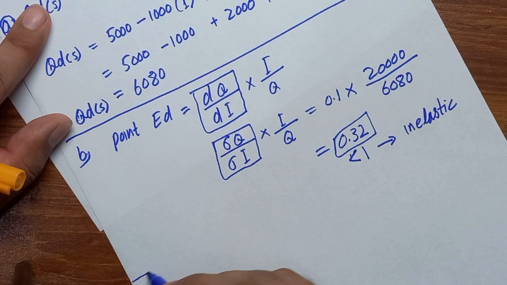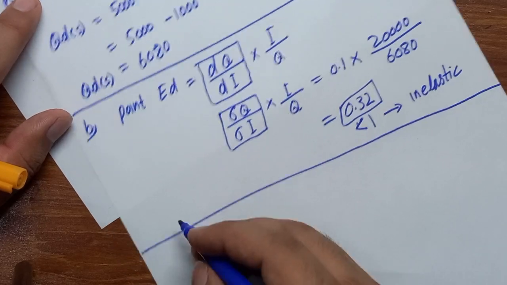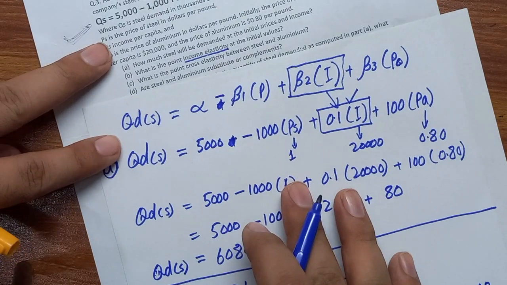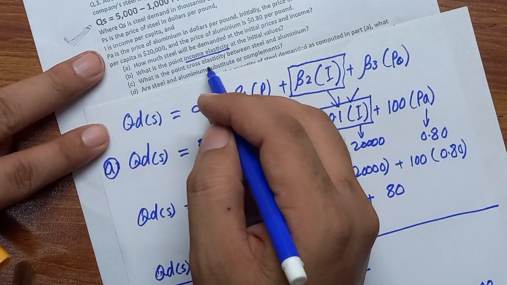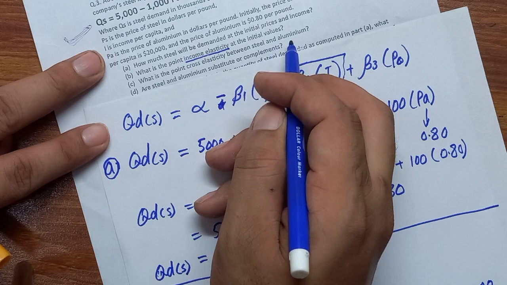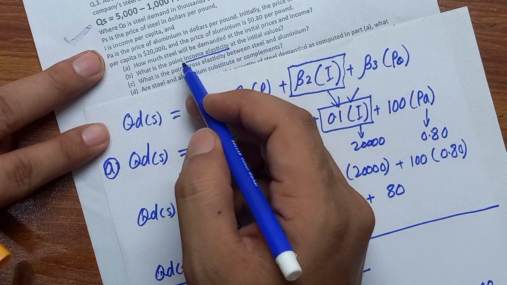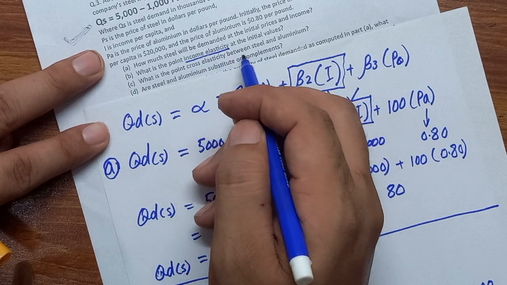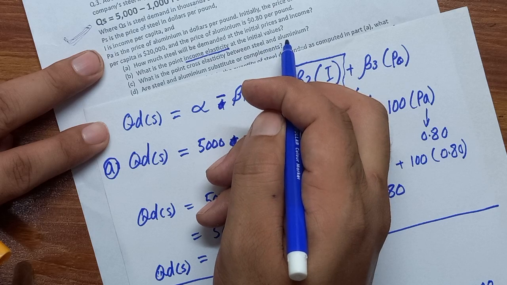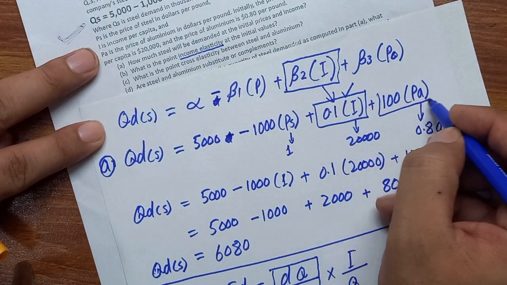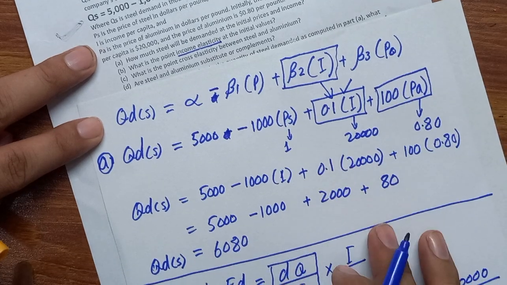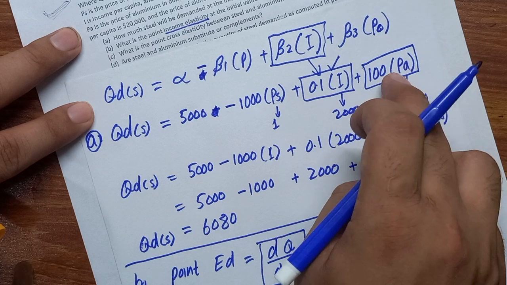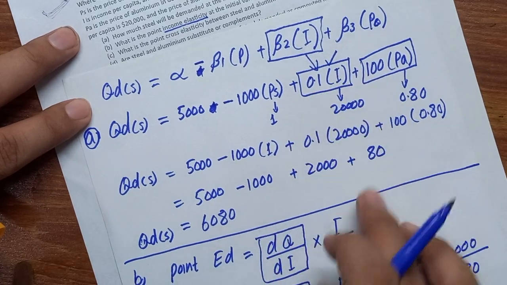Now question 3, part 3. They ask what is the point cross elasticity between steel and aluminum. Before, we had the quantity of demand with income. Now we have the quantity of demand with aluminum. So now we will take this part. Again the same method, but we take the price of aluminum instead of income per capita.